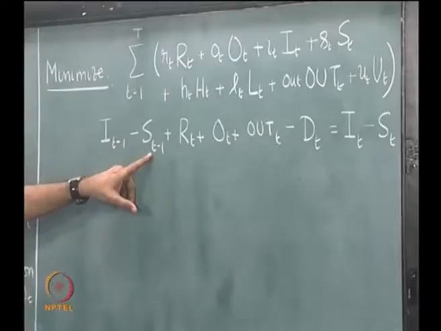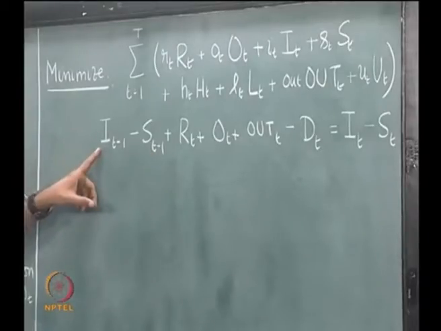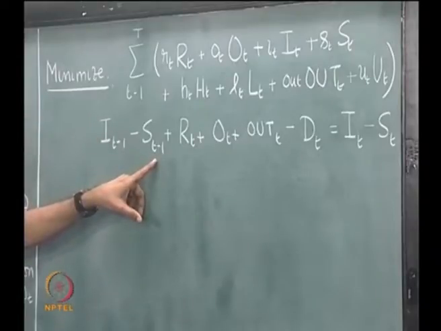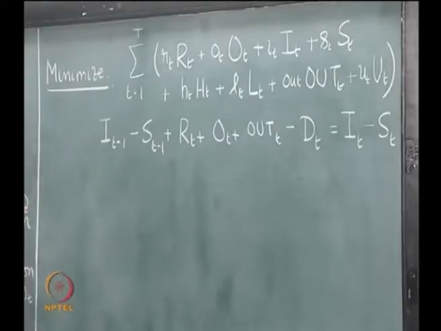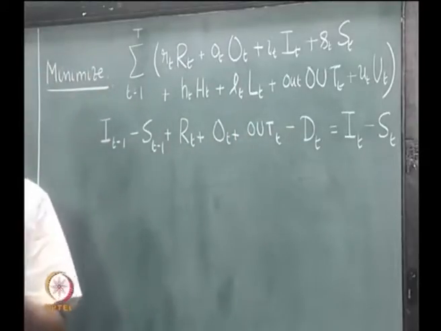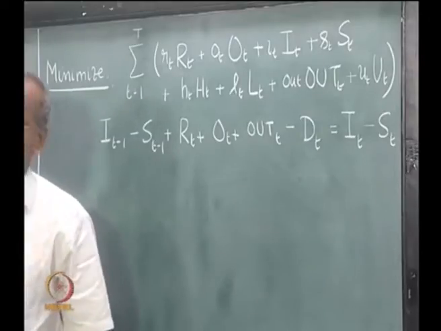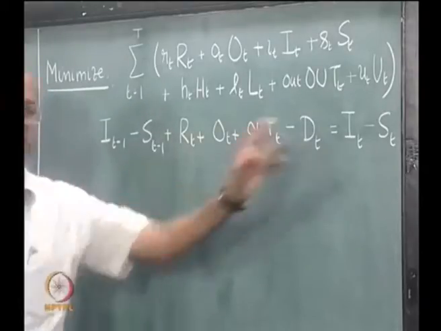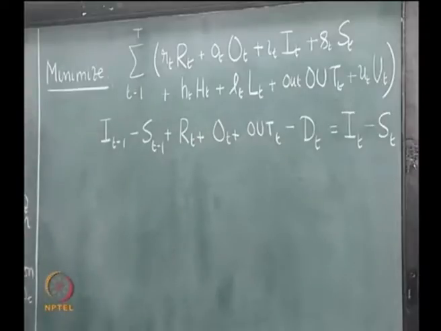If the beginning inventory were a shortage, then this will be 0, this will be a positive value, so that minus ST minus 1 is negative. Similarly, if the ending inventory is positive or negative, IT and ST will take the corresponding values. So, this is our first equation which balances the inventories, demand and production.